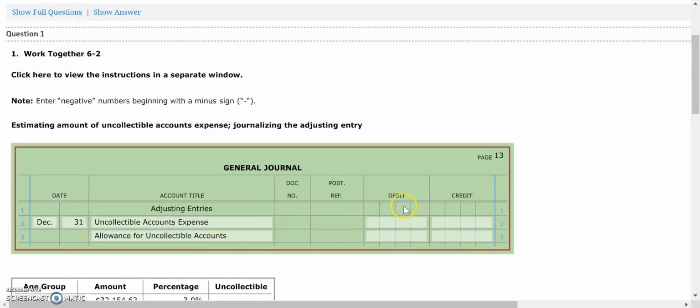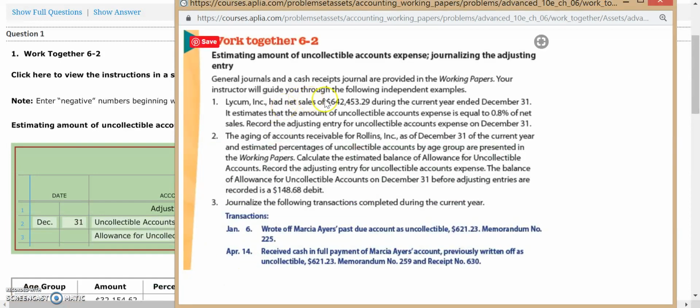So in order to find the amount of our adjustment, we are going to take our net sales amount, which is $642,453.29, and take that times 0.8%. If you're going to turn that into a decimal, make sure you do it correctly. It's 0.008.